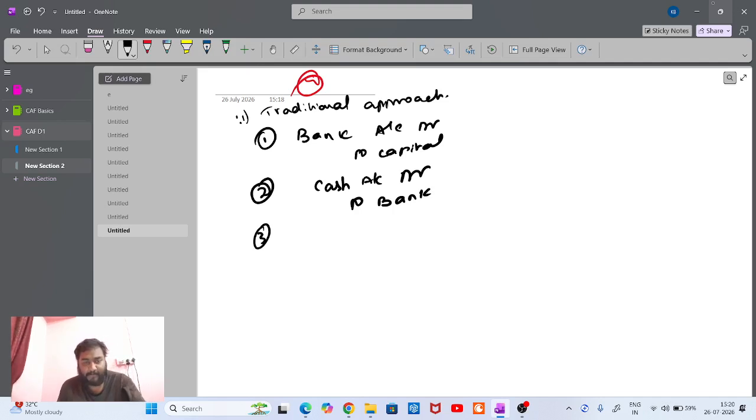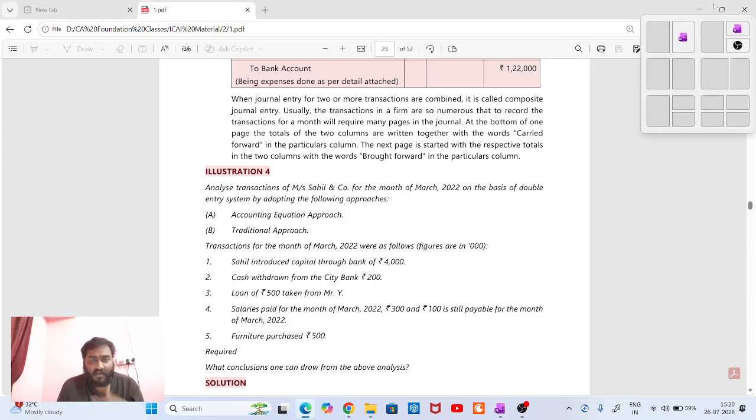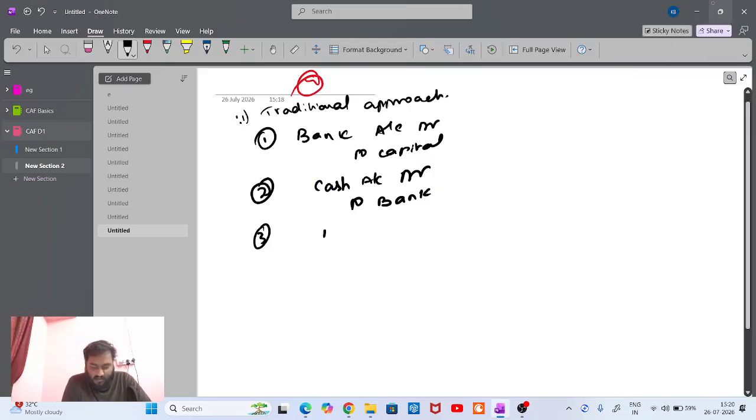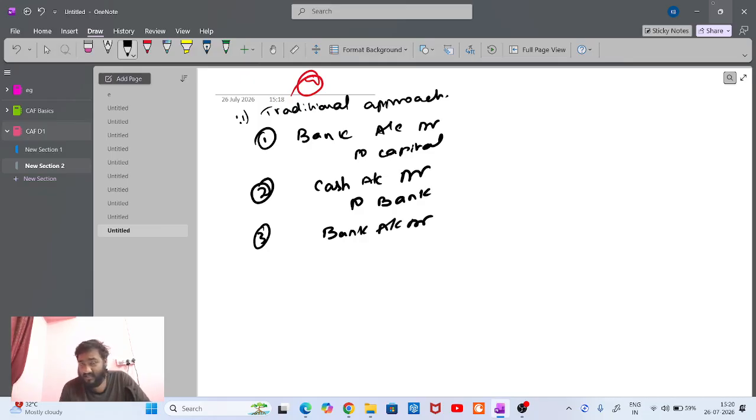Third point, loan. I'll just copy paste. Loan, bank account debit, since the amount has come into our bank from Y's account, since Y has given us a loan.